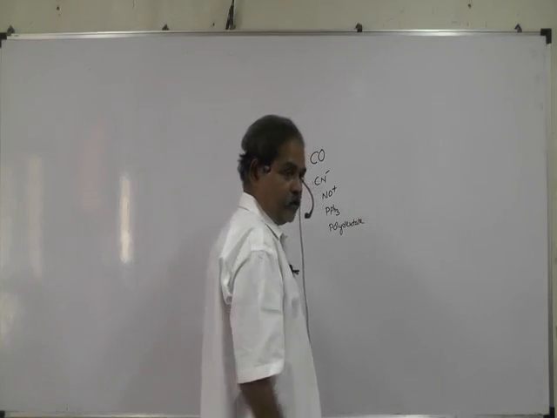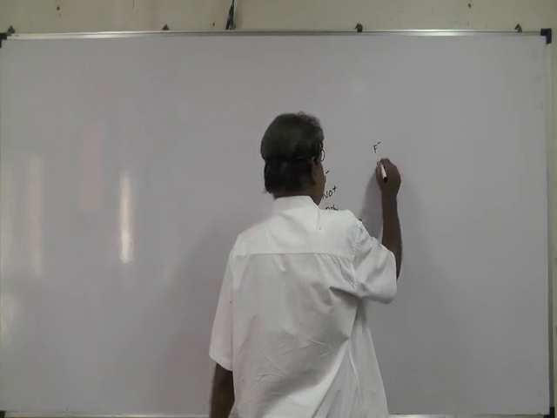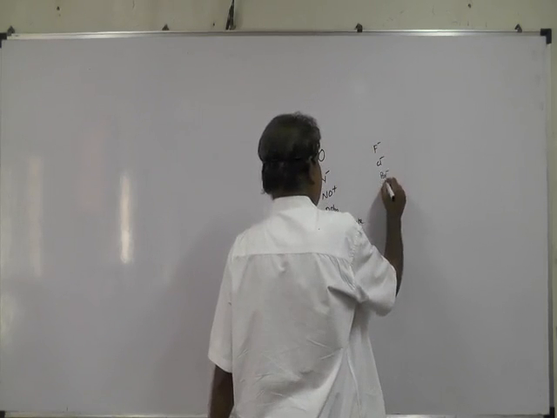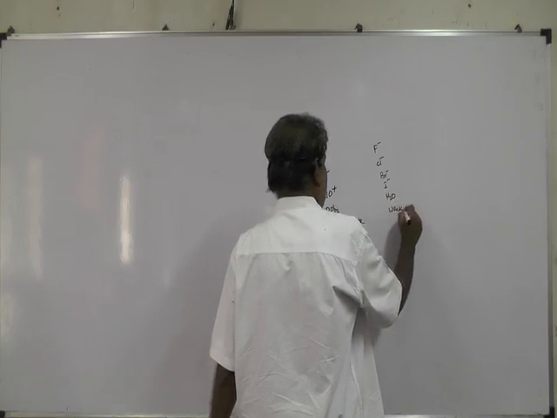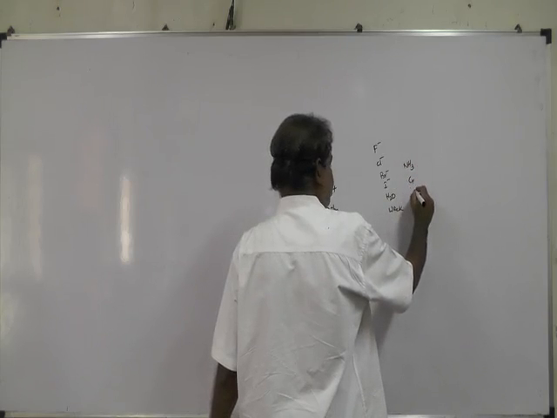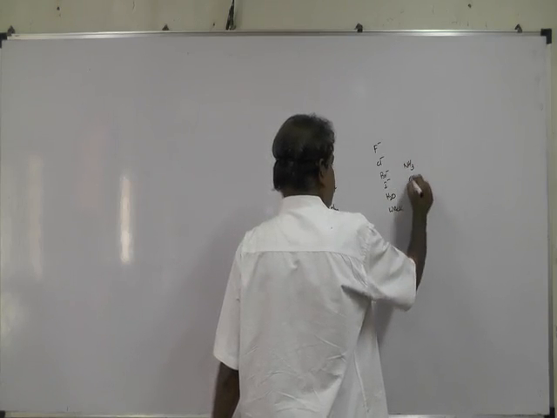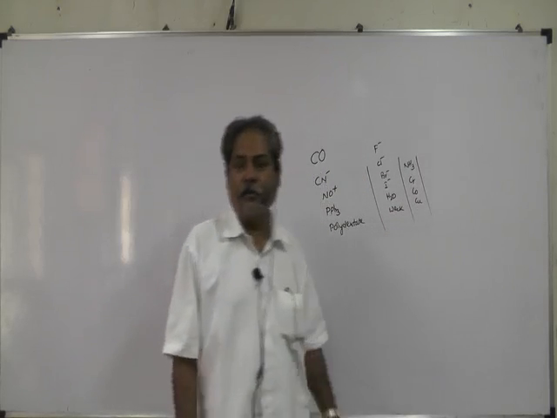Which are weak? F minus, Cl minus, Br minus, I minus, H2O are weak. Ammonia strong with chromium, cobalt, copper. All others, I don't know.